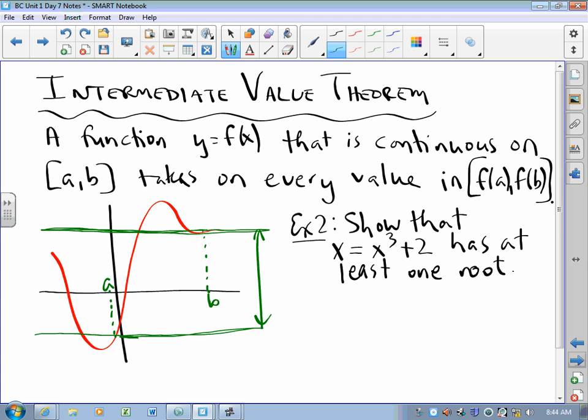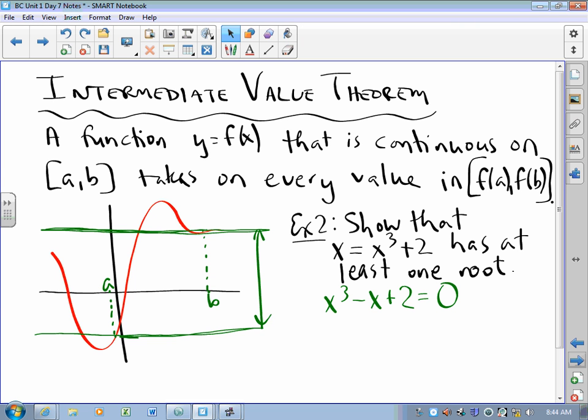That's why we care. Show that that polynomial equation has at least one root. And so what do you do as a student? You go to your calculator and you graph x cubed minus x plus 2, and you say that has to have a 0.